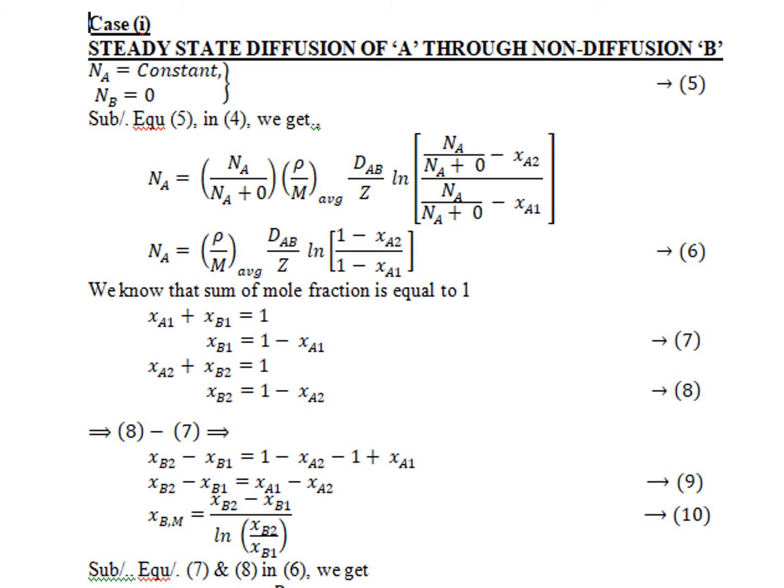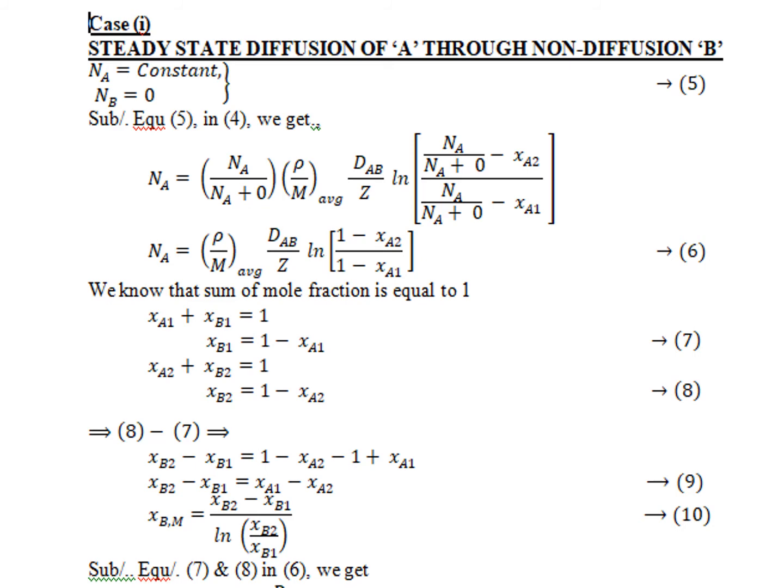So here we will take the logarithmic mean mole fraction. Whereas for gases, we have the logarithmic mean pressure. So the logarithmic mean mole fraction means XBm is equal to XB2 minus XB1 whole divided by ln of XB2 by XB1.